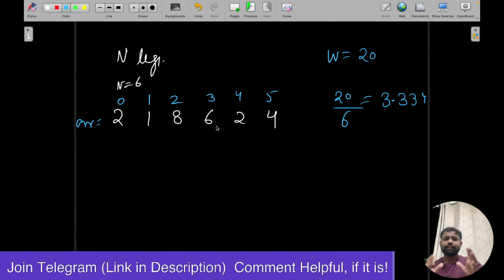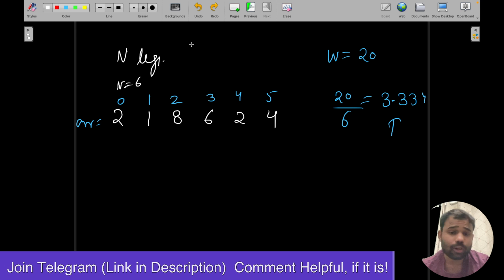It means there's no need to take all these n legs. We can select some specific legs, some subset of it. Currently, if you take all the 6 legs, each leg will bear a weight of 3.334.